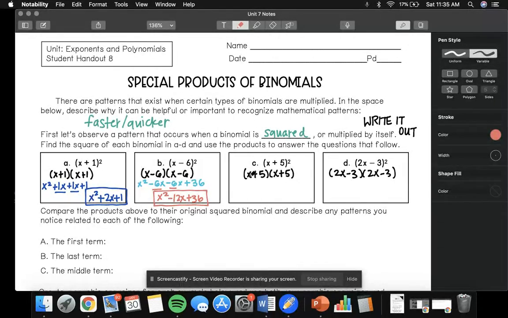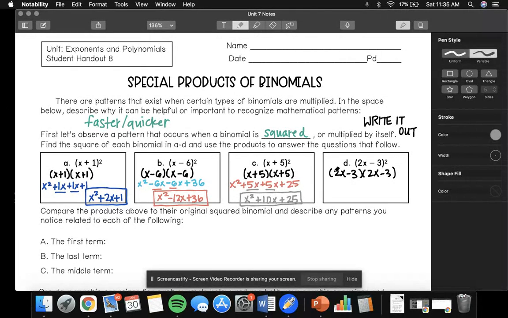The next one, x times x times 5. Now we have 5 times x and 5 times 5. So simplified, we have x squared plus 10x plus 25.